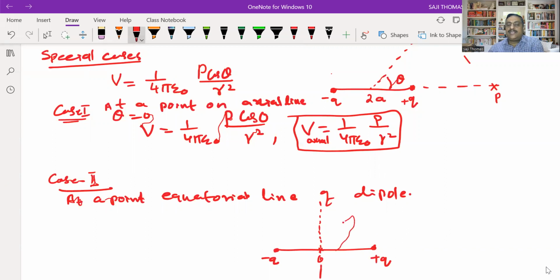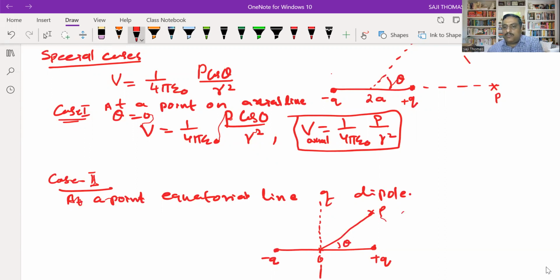Initially, in the derivation where we consider the point, we consider the point P here, and this angle was theta.